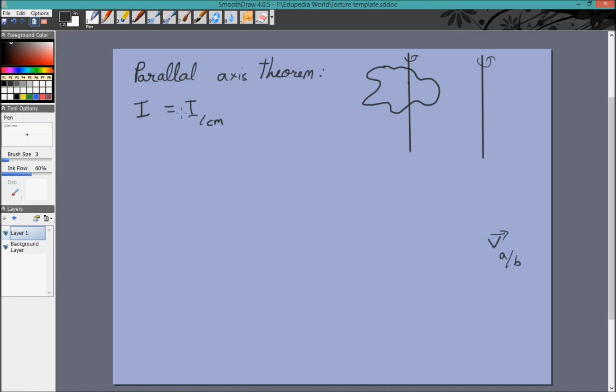So I is equal to I with respect to the center of mass plus M D squared, where M is the total mass of this object and D is this perpendicular distance, right? I'll prove this now, but this is a theorem which helps us a lot of the times to find the moment of inertia, right?